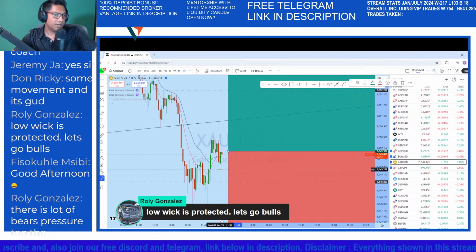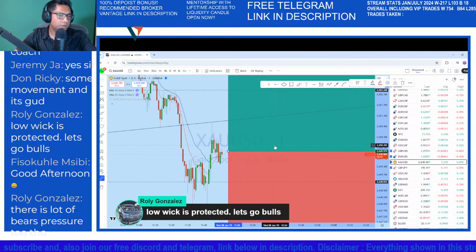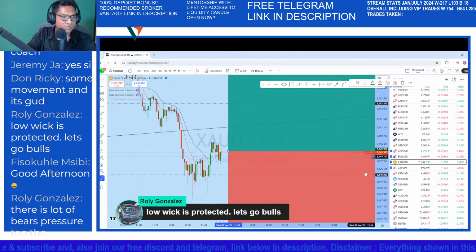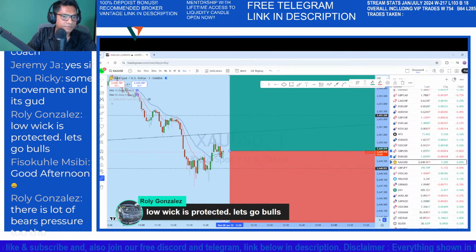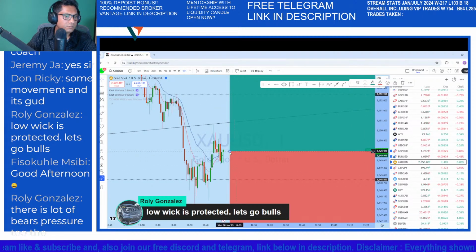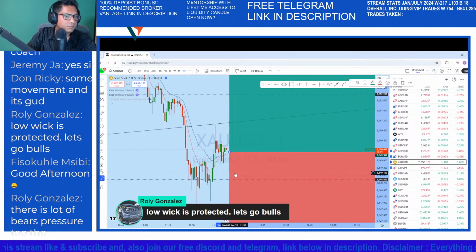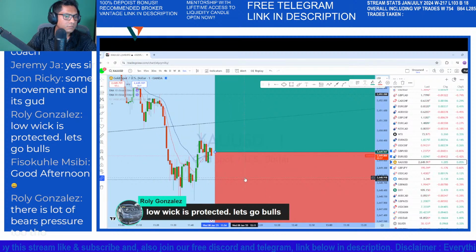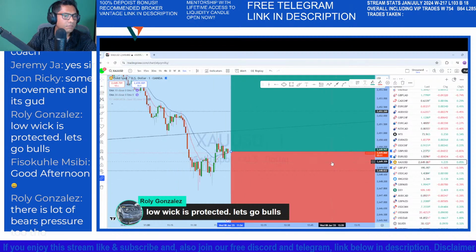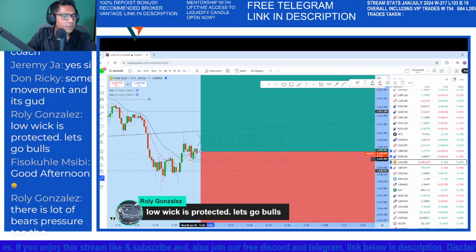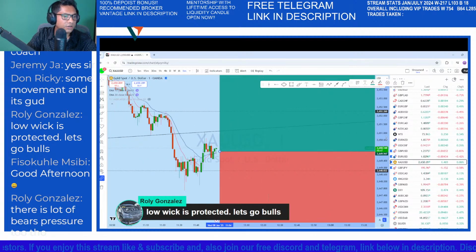So here is support, expecting it to reject to the upside. We are at entry. It's forming a structure.